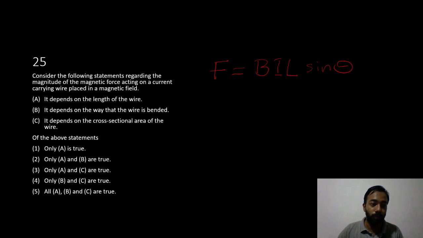So this is the magnetic force. It depends on the length of the wire, that is true, L is there, the length of the wire. It depends on the way the wire is bent, that is also true, because that determines this angle theta. It depends on the cross-sectional area of the wire. There is no cross-sectional area here, so this should be false. So only A and B are true.